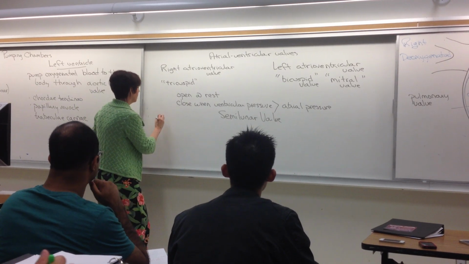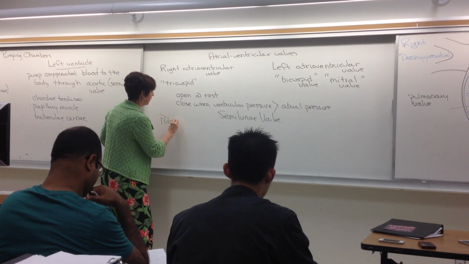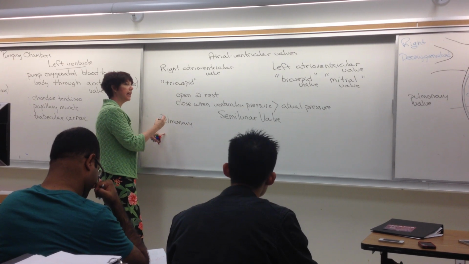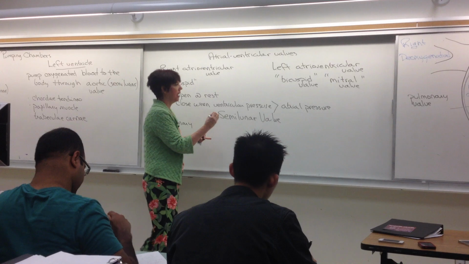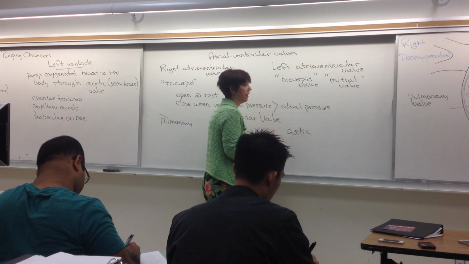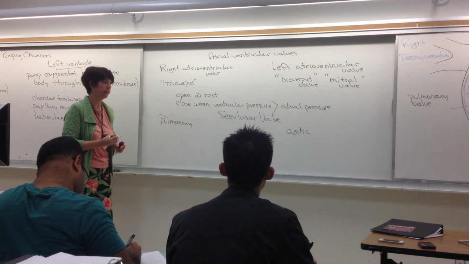Okay? So the pulmonary semilunar valve is going to open to allow blood into the pulmonary trunk, and the aortic semilunar valve is going to allow blood into the aorta.